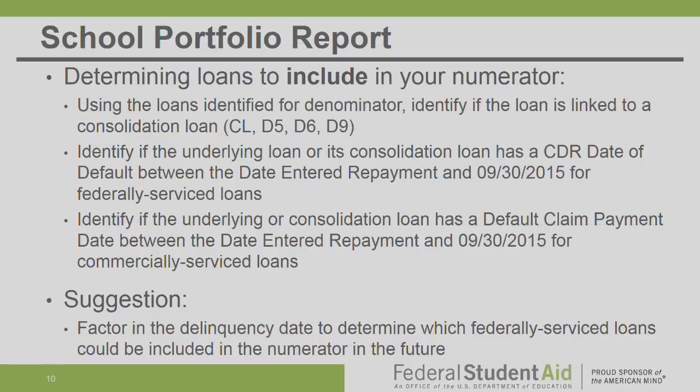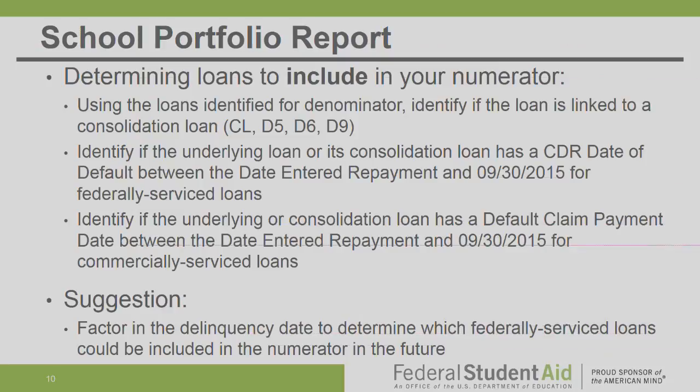So a suggestion here, if you're trying to estimate what your cohort default rate is going to look like, instead of looking at the insurance claim payment or the CDR date of default, you might want to look at the date of delinquency. On a federally serviced loan, the CDR date of default is defined as the 360th day of delinquency.